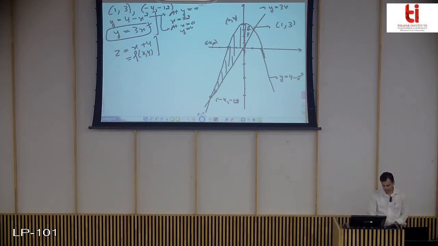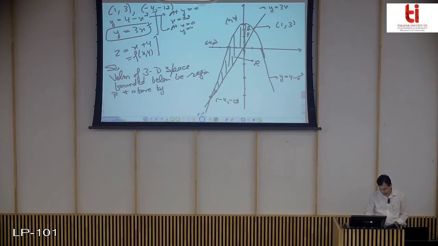So the volume of the three-dimensional space bounded below by region R, I am saying this as region R, and above by the slanted plane z equals x plus 4, is the double integral over R of f(x,y) dA. Yes, this is the volume.